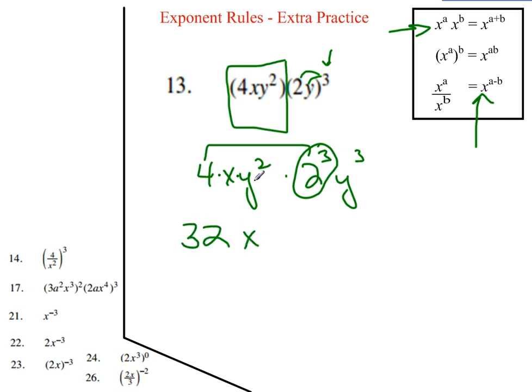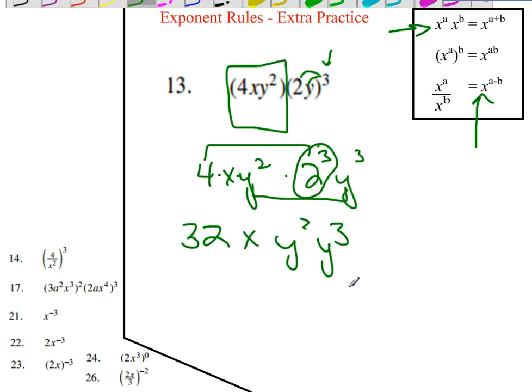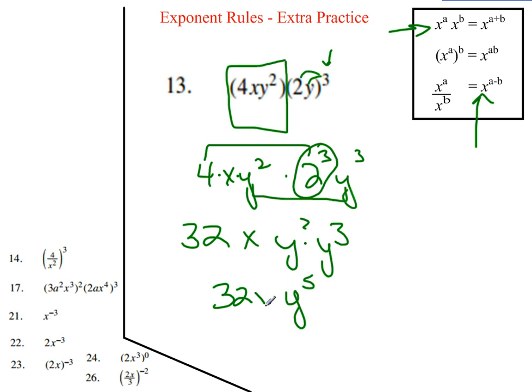Now I have an x, and I have these two y's I need to combine somehow. You can't have an answer that looks like this. So make sure you combine the y squared and the y cubed and make that a y to the 5th. You can't have two y's in your answer, or two x's, or two of anything for that matter. Always combine to a single letter if you can. There's times in each of these, so I would just write 32 x y to the 5th power.